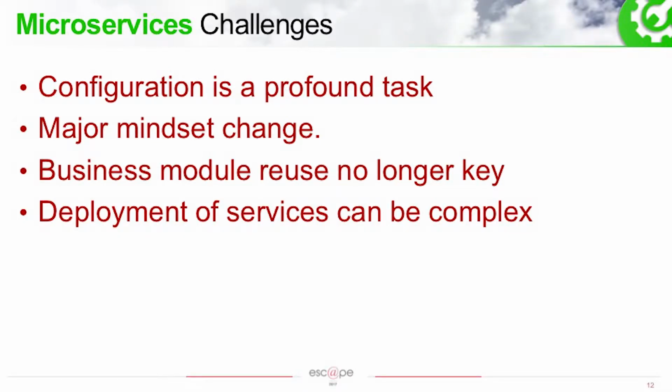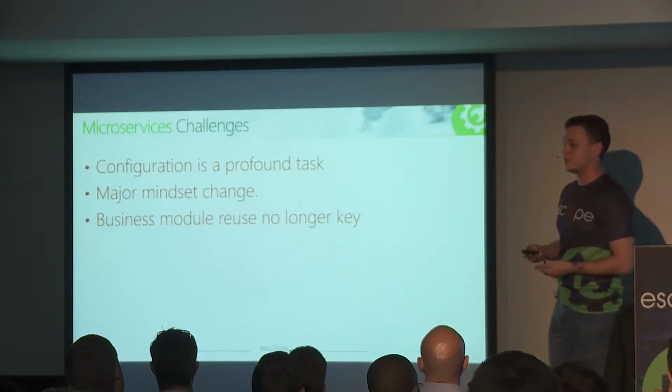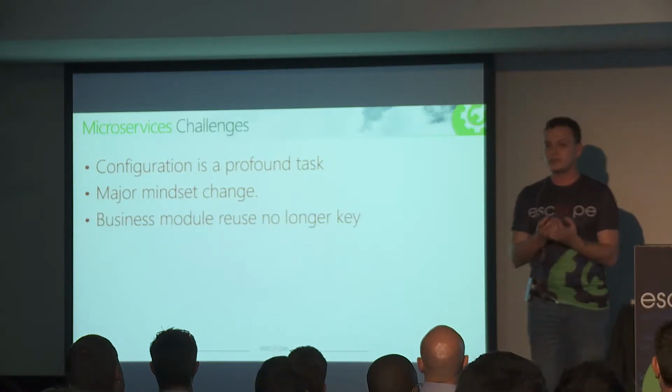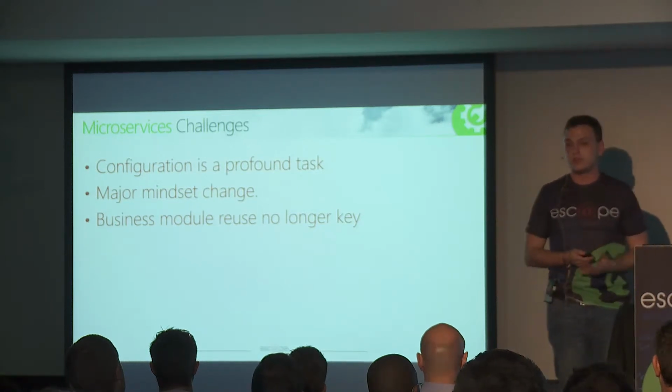And interestingly enough, business reuse or business module reuse is no longer as key. And this goes a bit against our training that we get when starting to learn how to code. Because a microservice is so small, it can essentially, in some scenarios, be seen as throwaway code.